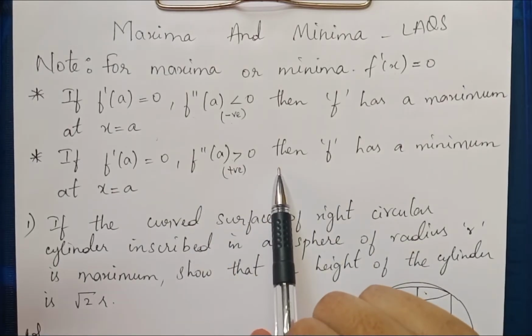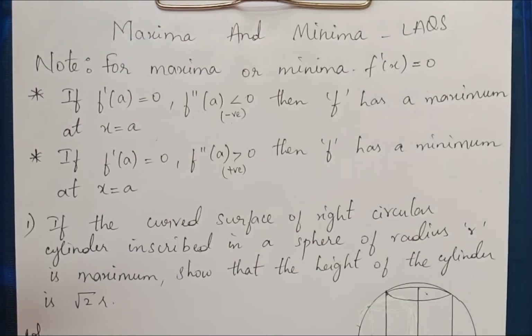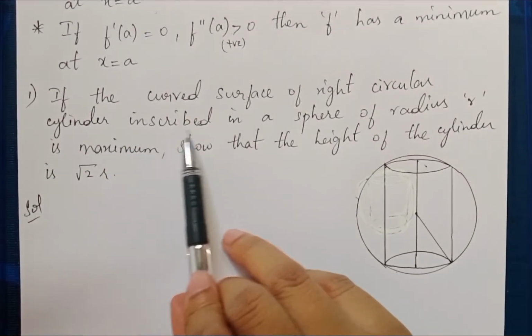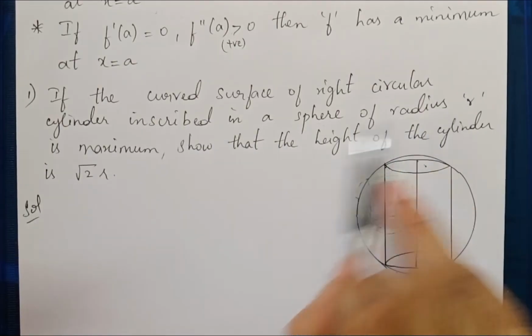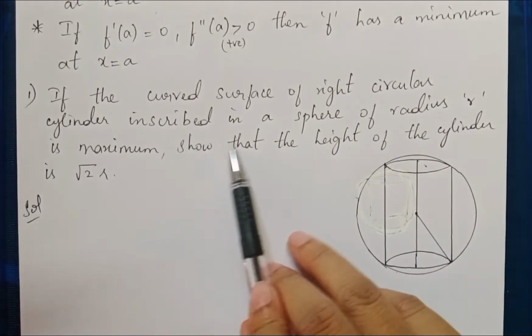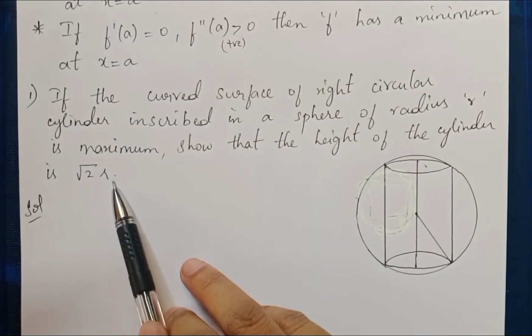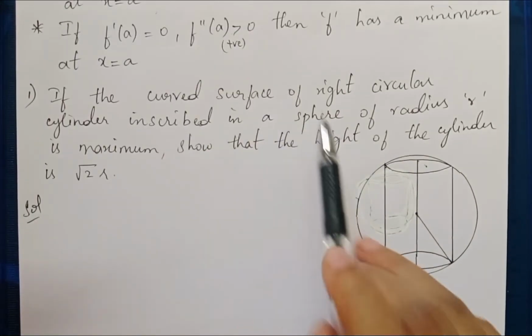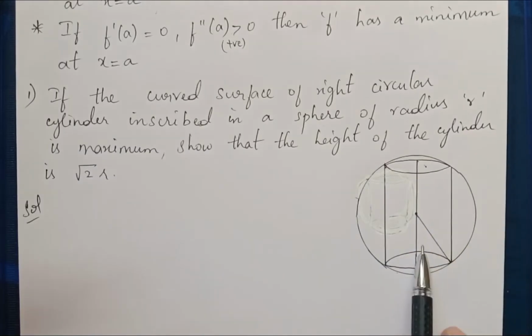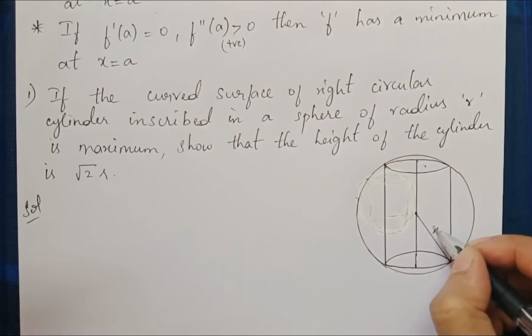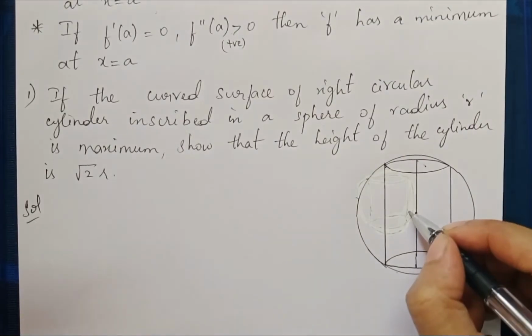So our first problem is: if the curved surface of a right circular cylinder inscribed in a sphere of radius r is maximum, show that the height of the cylinder is root 2 r. This is a cylinder which is inscribed in a sphere having the radius small r, and this will be the center.